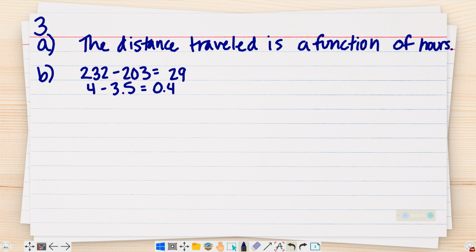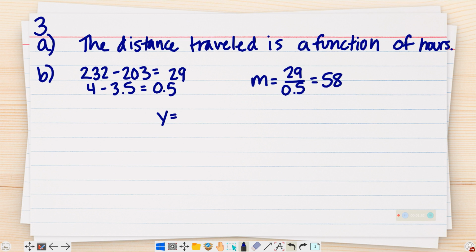So to find my slope, I'm going to divide 29 by 0.5, which comes out to 58. So now that needs to be written in my equation.